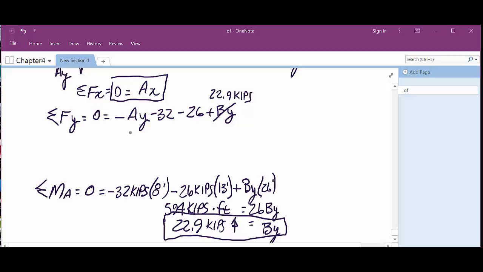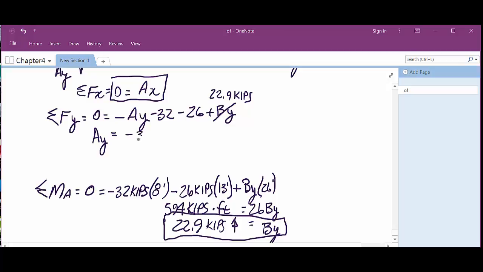So if we leave AY where it's at, it's a negative value, so we don't want to do that. We'll move AY to the other side of the equation. We'll leave that over, so it's AY now. This all becomes the opposite, right? So it's negative 32, or these stay the same. This one moved over. These three stay the same, so it's negative 32 minus 26 plus 22.9, and it comes out to be a negative 35.1, right?